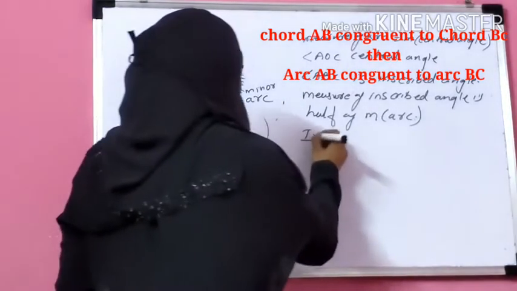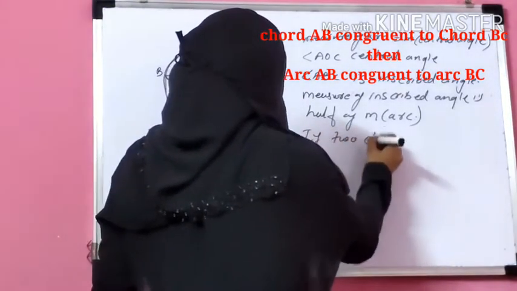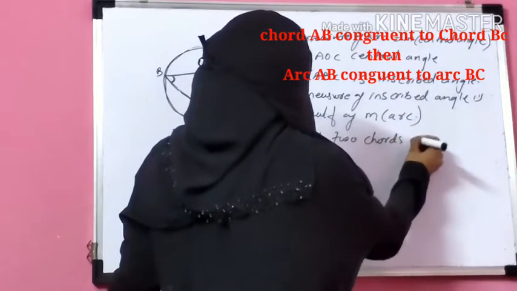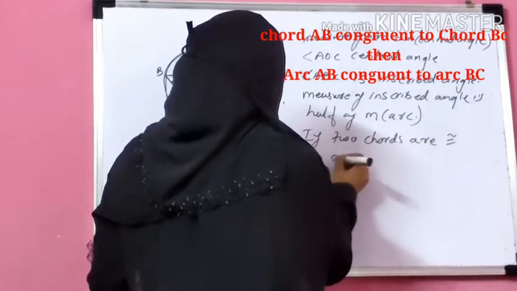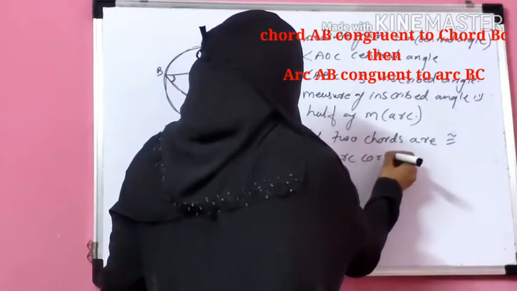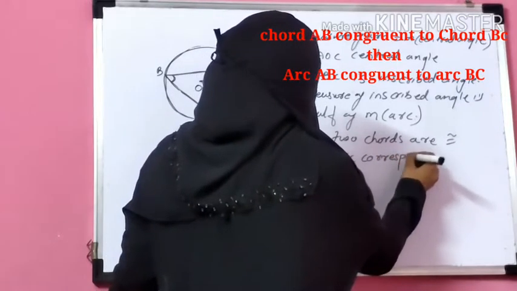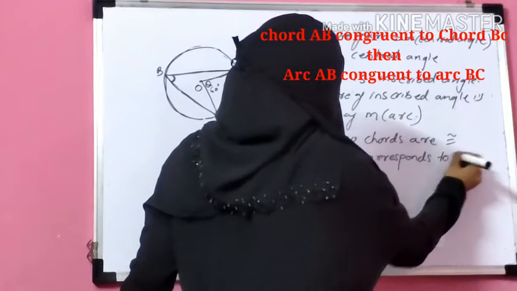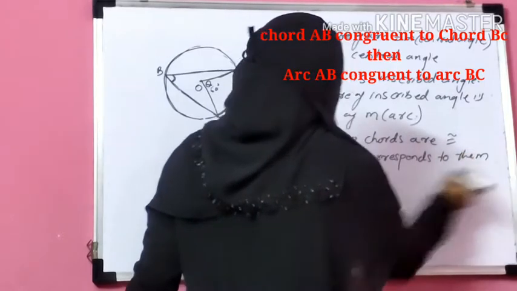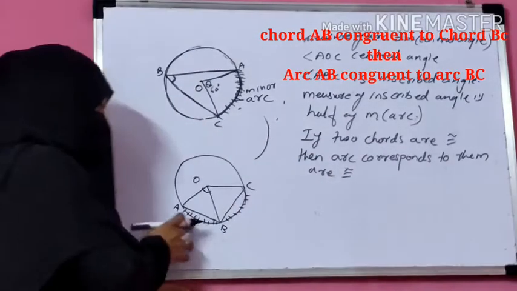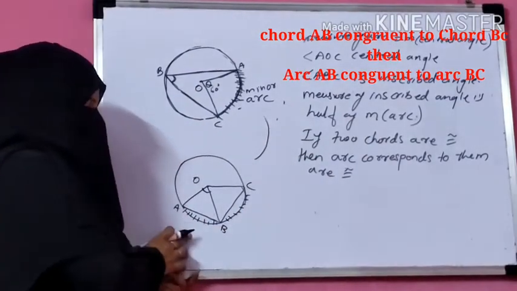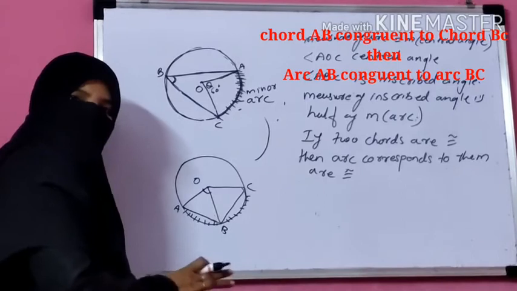If two chords of a circle are congruent, then the arcs corresponding to them are congruent.